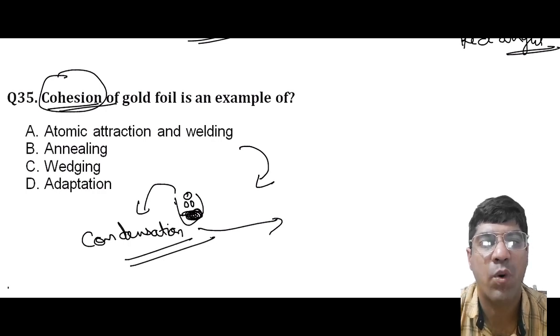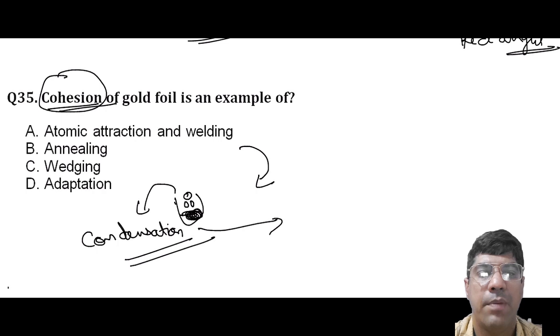As more and more gold foil is condensed and welded together, it forms a solid mass of restoration, creating a durable restoration. So cohesion in gold foil restoration is the result of strong atomic attractions between gold atoms that lead to welding together.